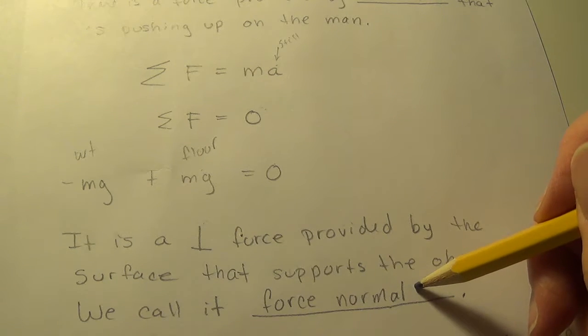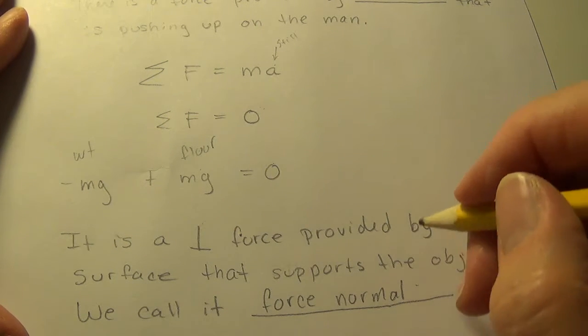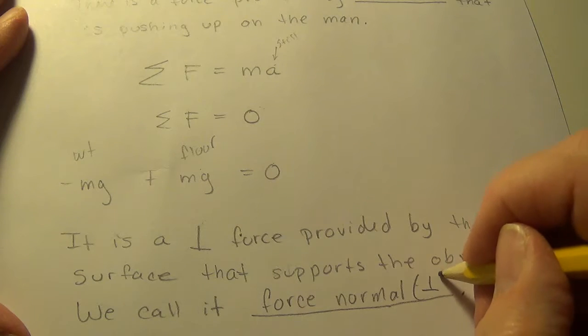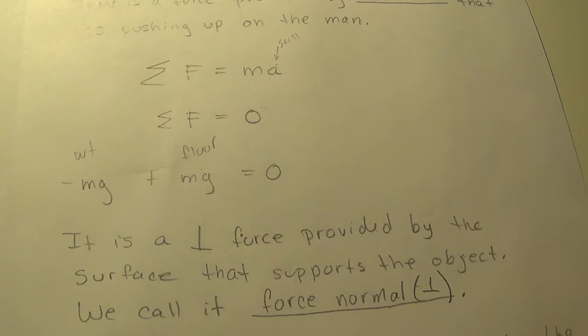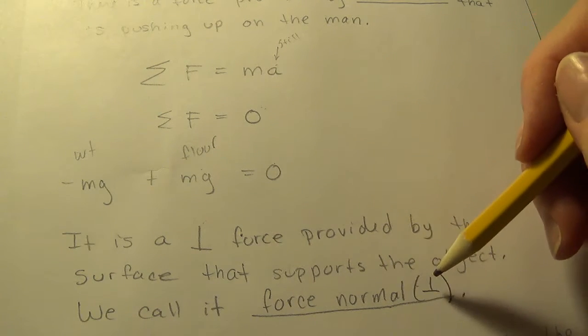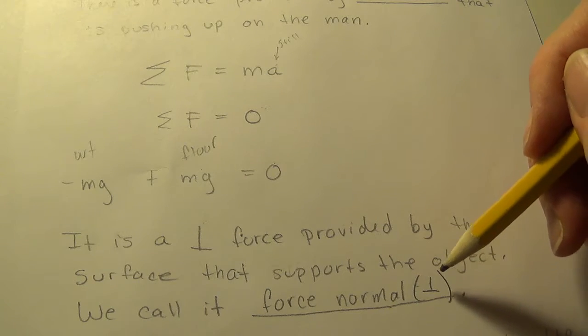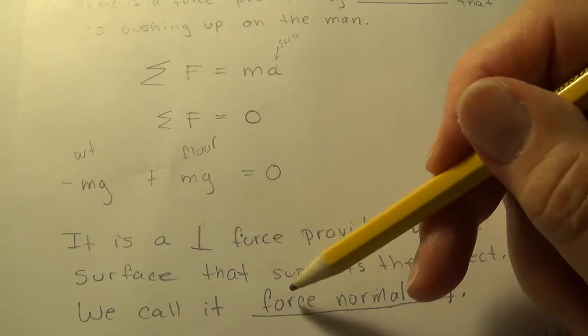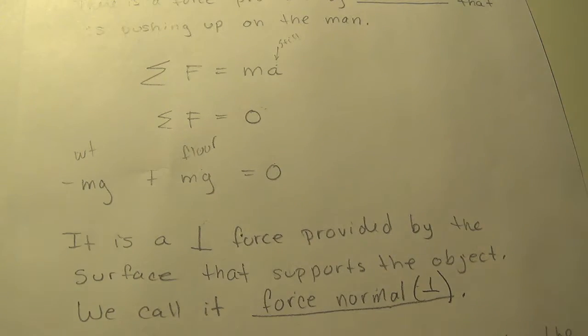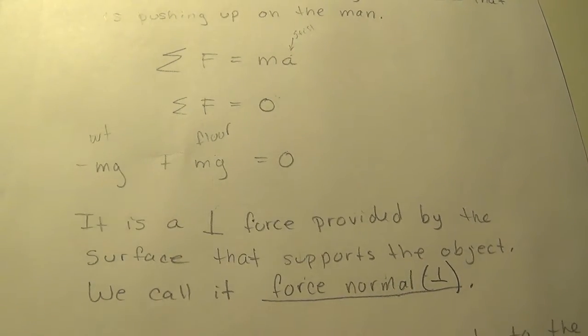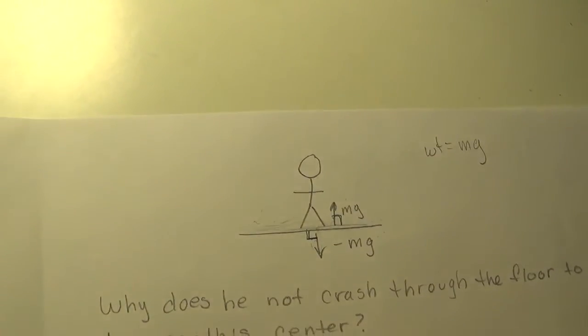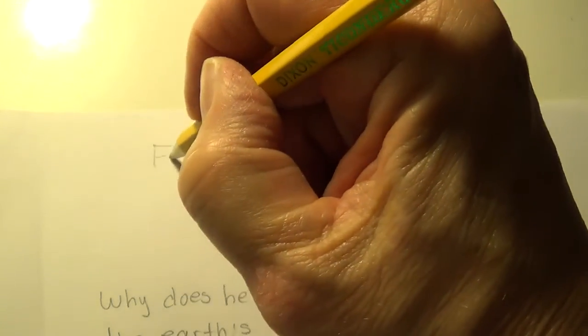Normal, the word normal is an old school word that means perpendicular. So that's why we call it force normal. Force perpendicular would say the same thing. Sometimes we call it the normal force. So either order is acceptable. So our topic for today then is force normal.